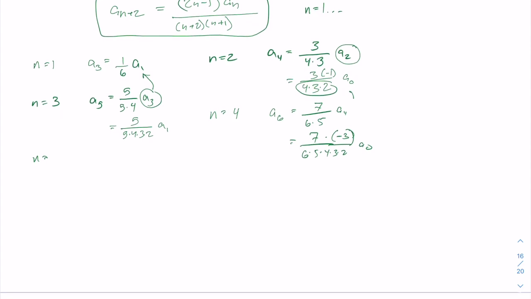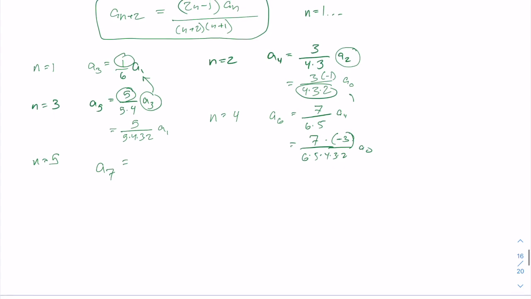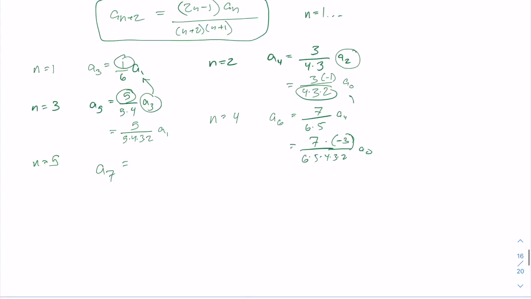So it looks like in the odd n case, these are going up by 4, right? So I'll do one more case, n equals 5. a_7 is going to be 7 times 5 is 10 minus 1 is 9.